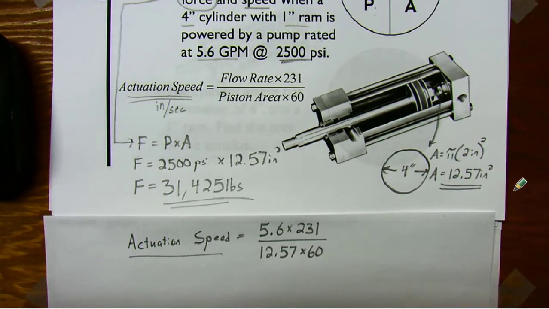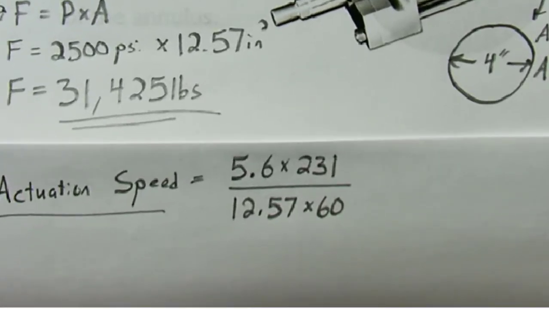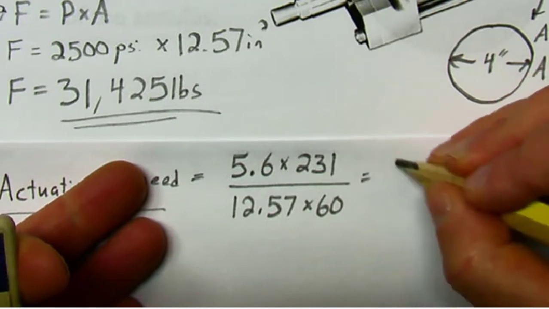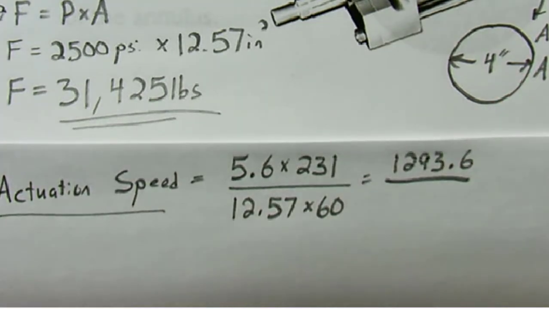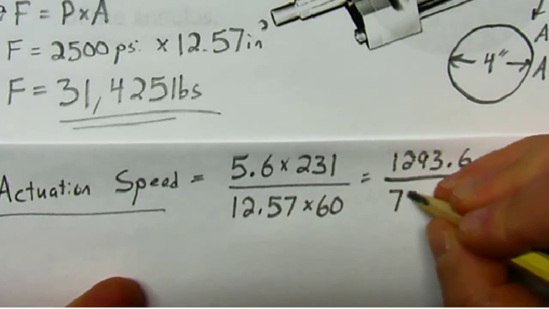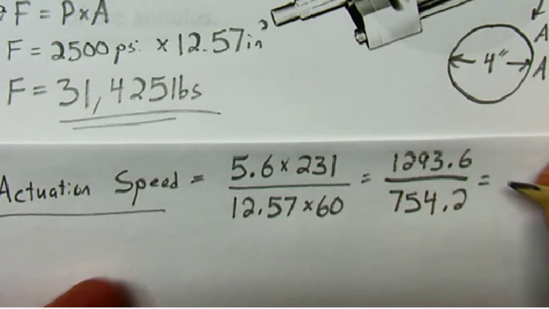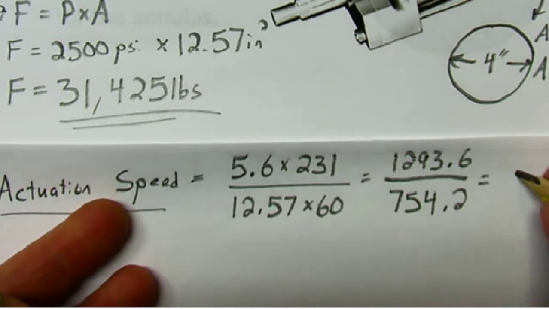When you type these into your calculator, make sure you figure out what the top and bottom numbers are independently. So if you take 5.6 on the top times 231, that turns out to be 1293.6, divided by, on the bottom, 12.57 times 60, which gives you a product of 754.2. Now if you divide that, you end up with 1.7.